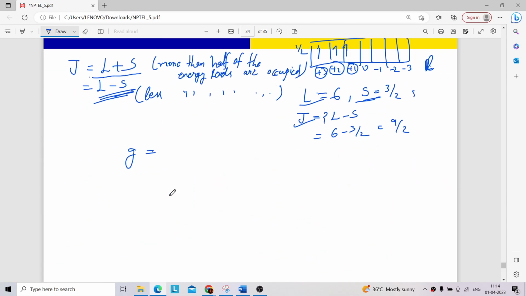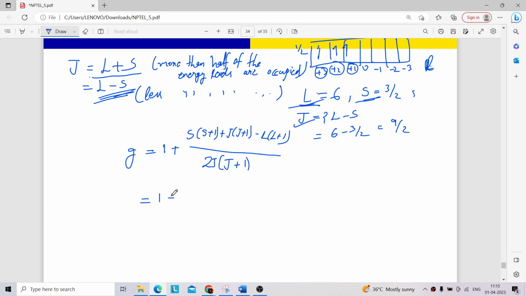So what is the Landé's factor? Its general formula is G equals 1 plus S into S plus 1 plus J into J plus 1 minus L into L plus 1, divided by 2J into J plus 1. All the values I have here.